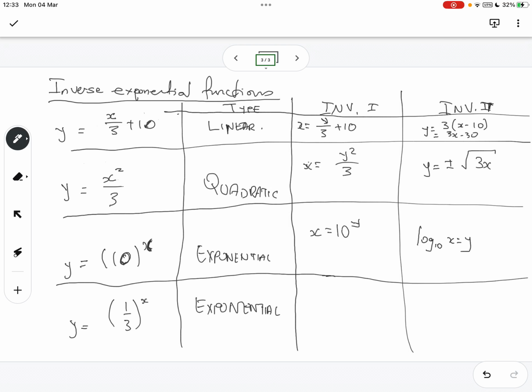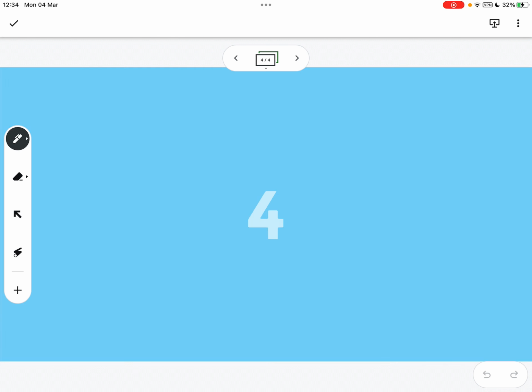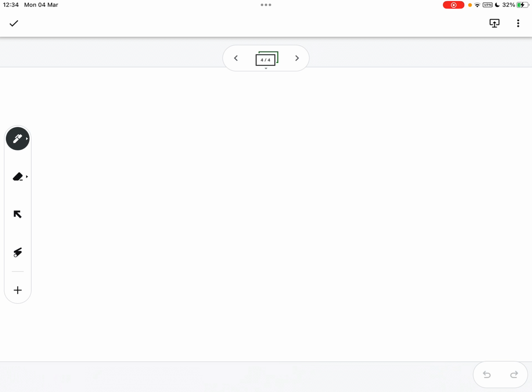We're making y the subject of the formula, to form a log in order to get an exponent. Then here it will also be x equals 1 over 3 to the power y, and making y the subject, y equals log to base 1 over 3 of x.